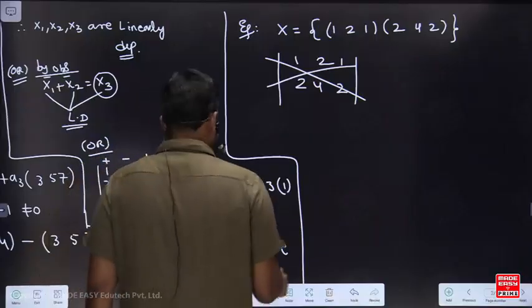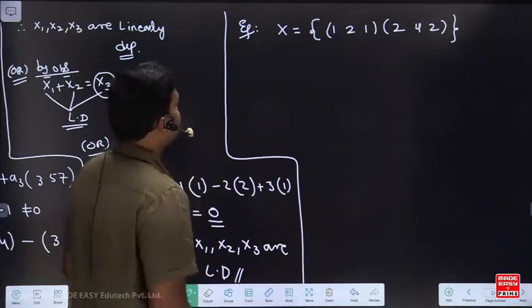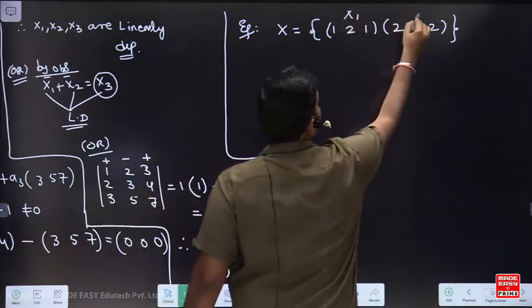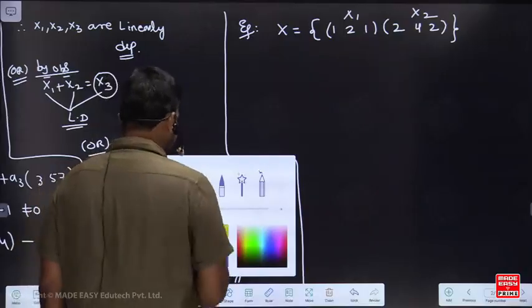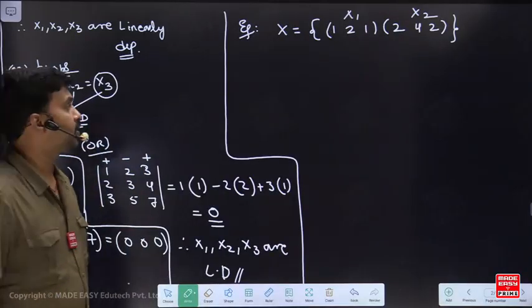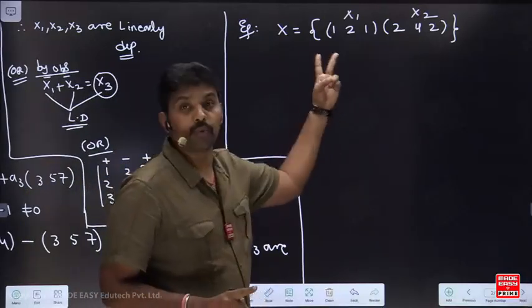So therefore, we don't take the determinant like this. How do we take it? Let me tell you. First thing is, when we have only two vectors like x1 and x2 here, how do we understand the linear dependency?